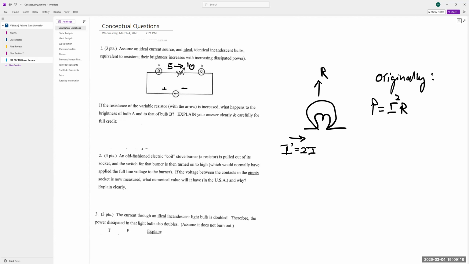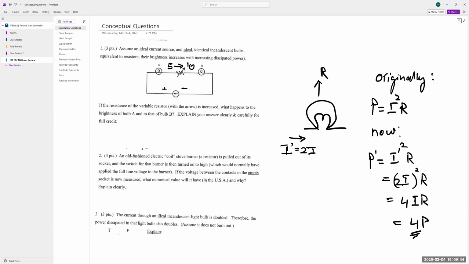However, now the power is going to be I dash squared R, and I dash is 2 times I. So it's going to be (2I) squared R. So the factor of increase from the original power would be 4 times, not twice. Therefore, the power dissipated in the light bulb is not doubled. This statement is false. The explanation would be the math that we have done over here.